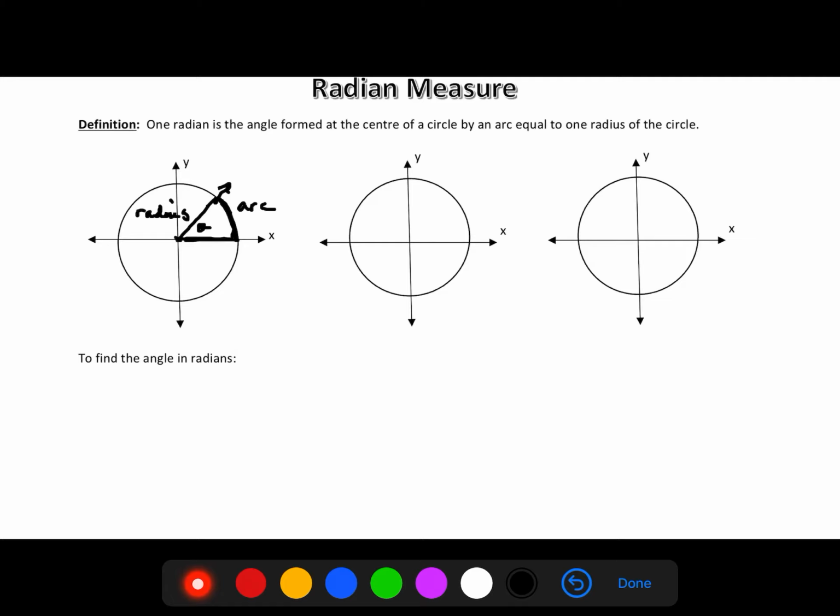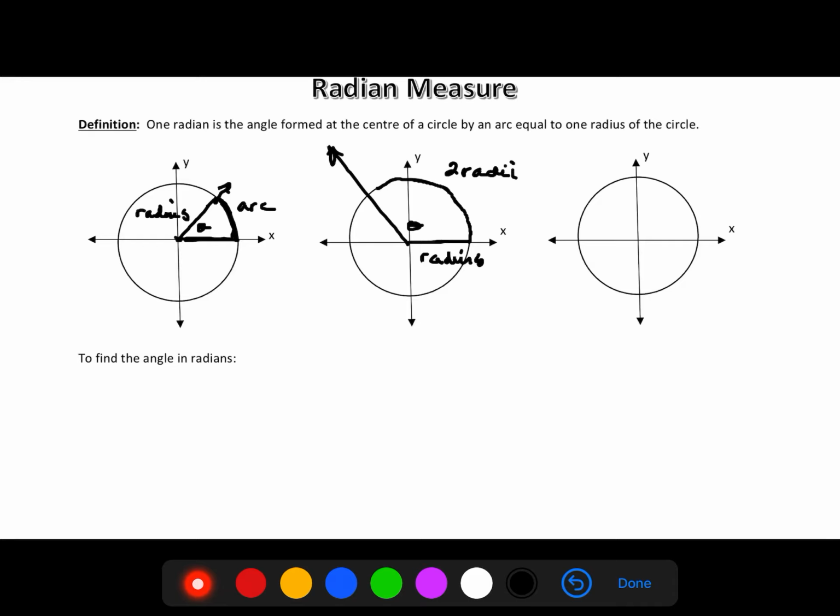If we have 2 radii, that means that our arc is twice as big as our radius. So again, we have our radius, and that length once and then again creates an angle in which we would have 2 radii.